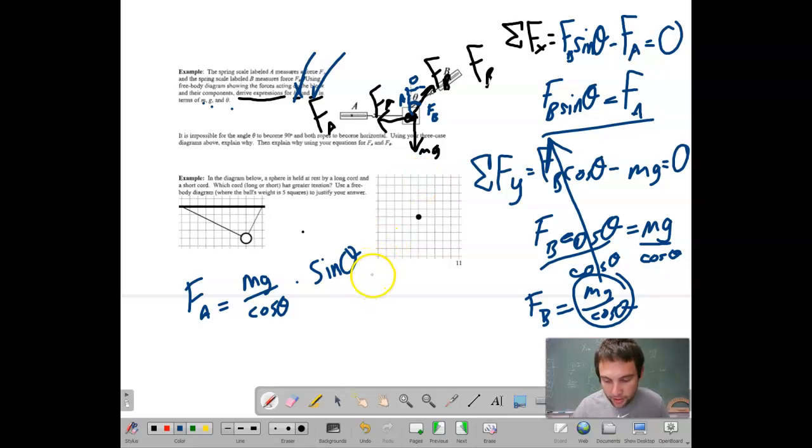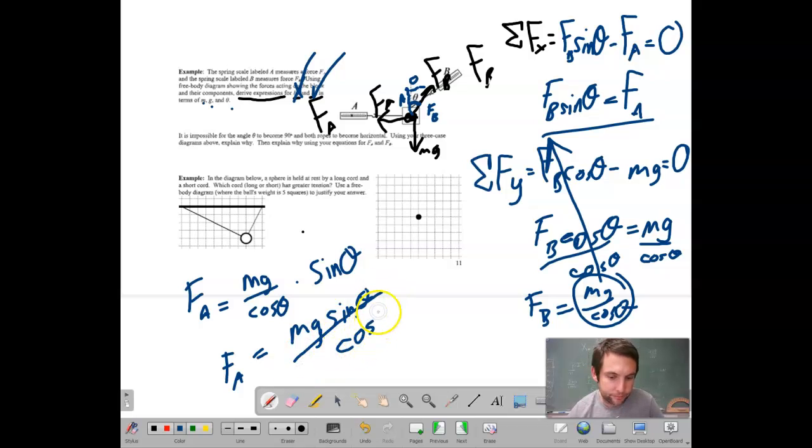All right, so here is where it would get tricky, if you don't know your pre-calc, if you don't know your trig identities. So when I rewrite this, I find that FA equals mg sine theta all over cosine theta.